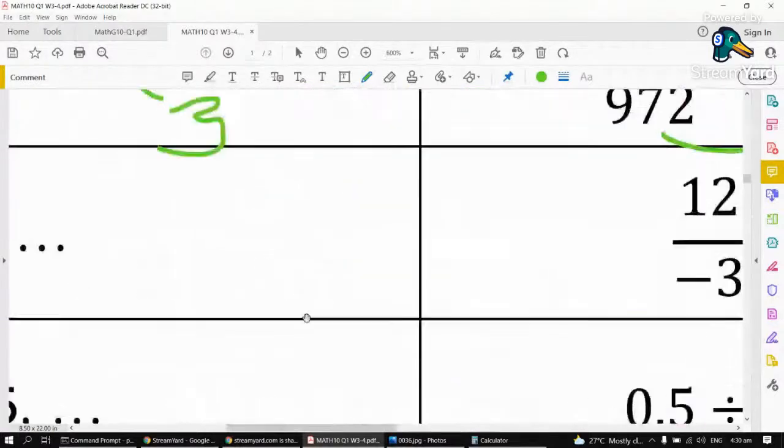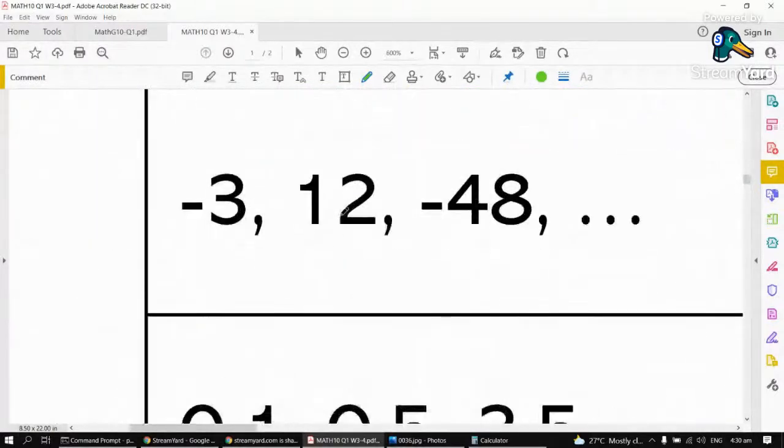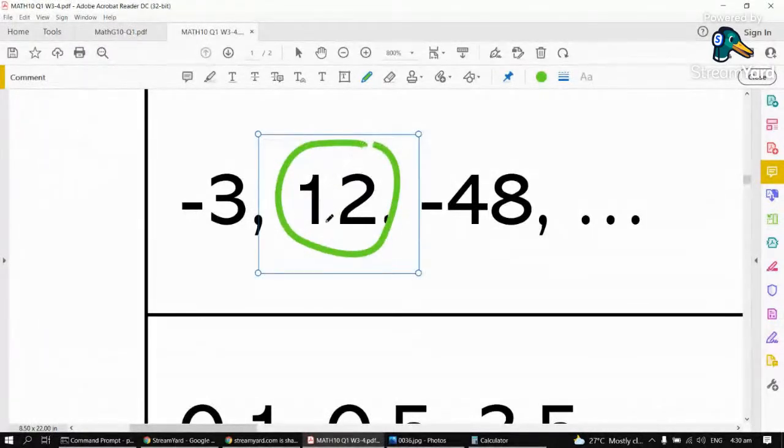Paano natin makukumpit ang common ratio? Kunin natin yung nasa kanan, positive 12, divided by yung nasa kaliwa. Pag ganun, pabalik. 12 divided by negative 3.